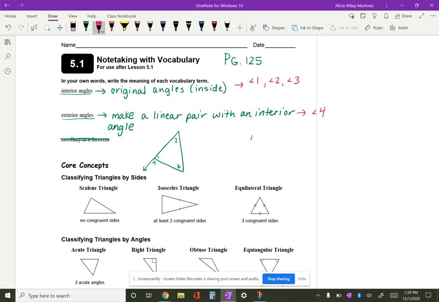And if you notice, the measure of angle 1 plus the measure of angle 4 creates a line, which is 180 degrees, which is what we call a linear pair. That's just one example. Now I could create more exterior angles by extending the other sides of the triangle like so, right? But that gives you at least one example.